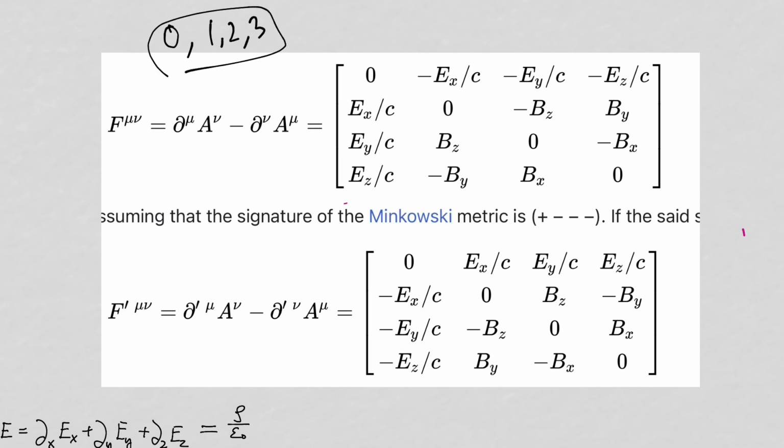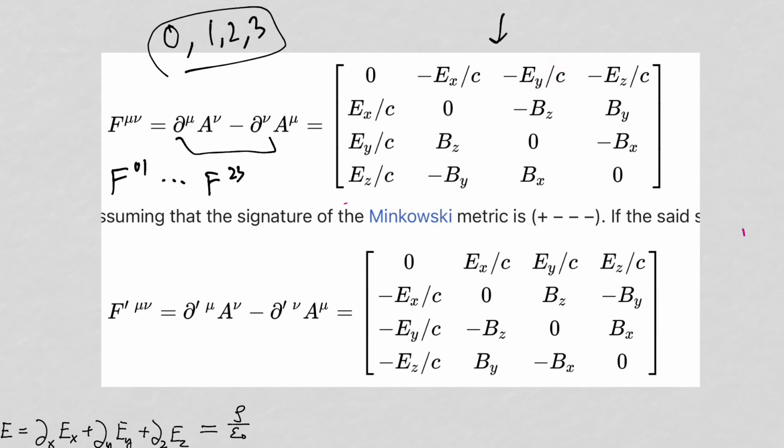When you execute this for each of the possible combinations, for example, F01 all the way to F23, you will generate a tensor that has components, and each of the components can be expressed as the components of the electric or magnetic field, with the caveat that you have a few minus signs in there and a couple factors of c.